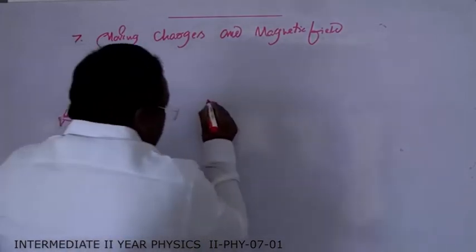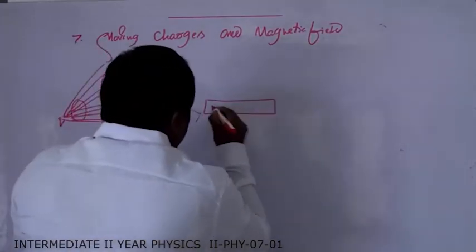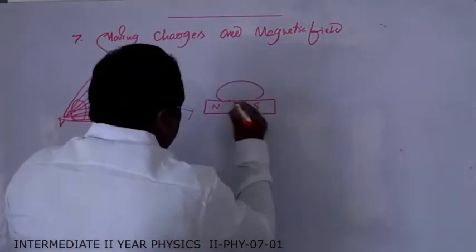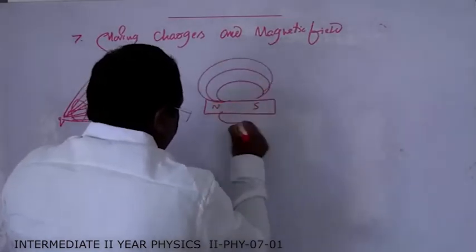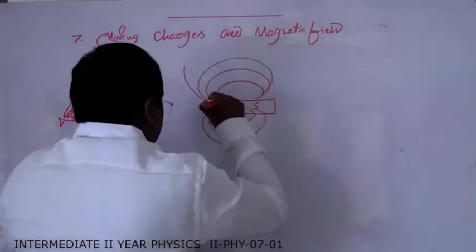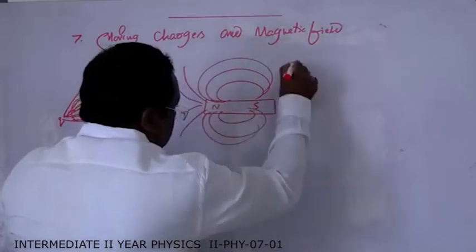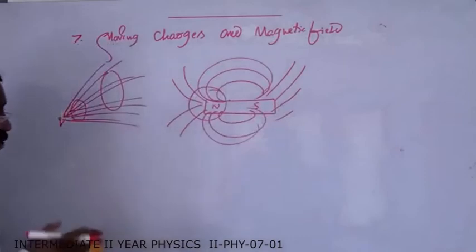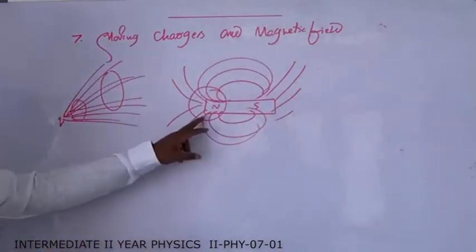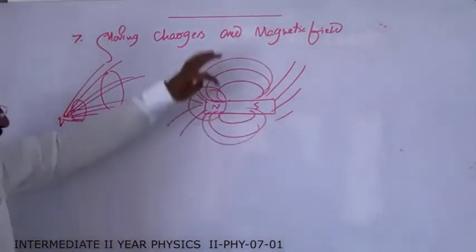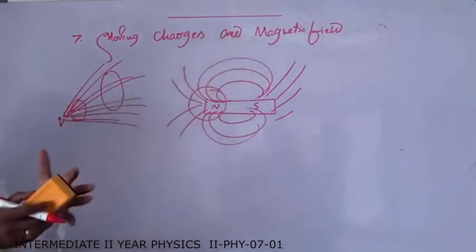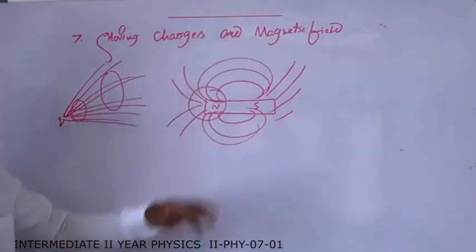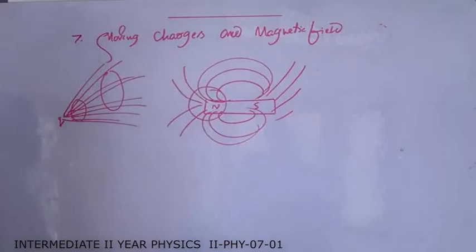If you take a bar magnet, here the field lines are crowded, so the field is very strong at the poles. In the middle, the field lines are far apart, so the field is very weak. So by using the field lines, we can estimate the nature of the field.